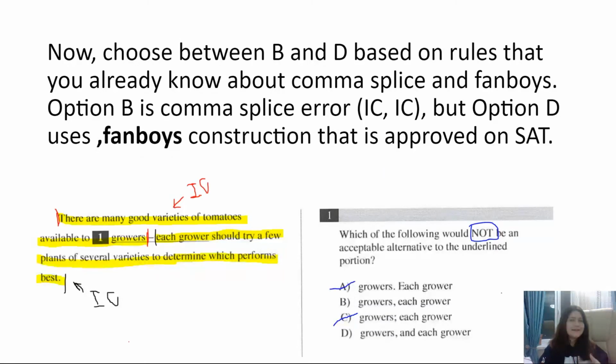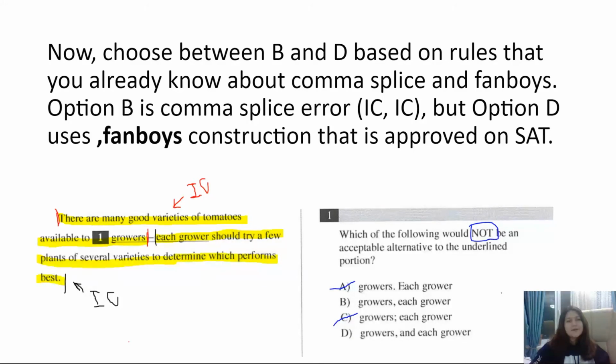So my next step is to identify what kind of clauses I have in this sentence. There are many good varieties of tomatoes available to growers. Independent clause. Each grower should try a few plants of several varieties to determine which performs best. Independent clause.